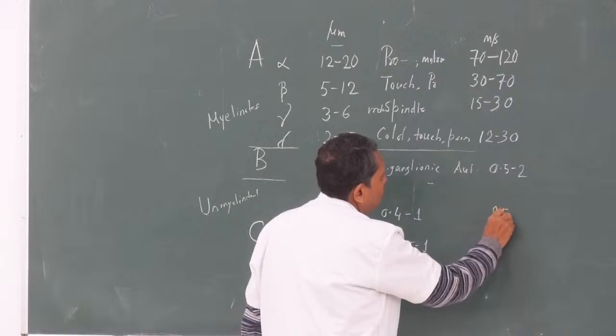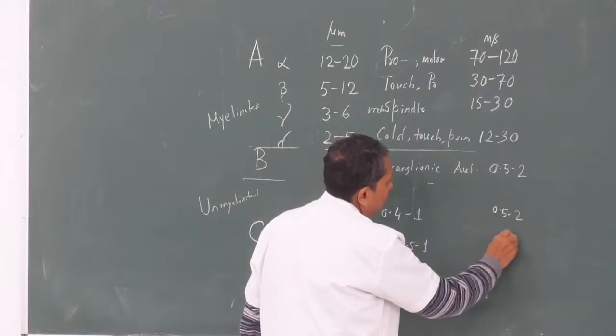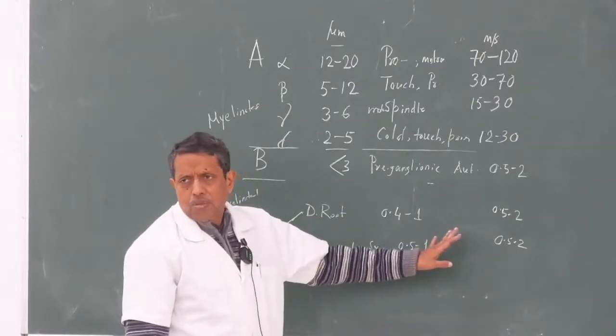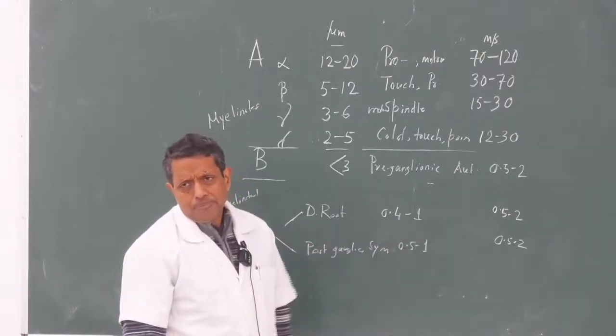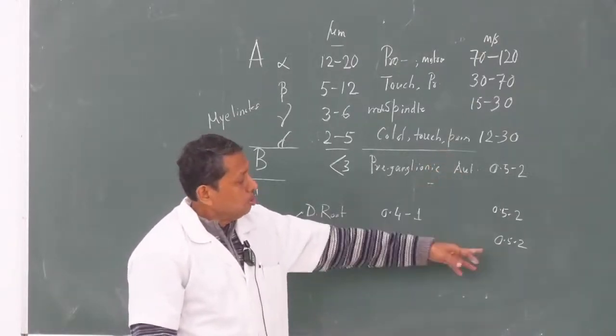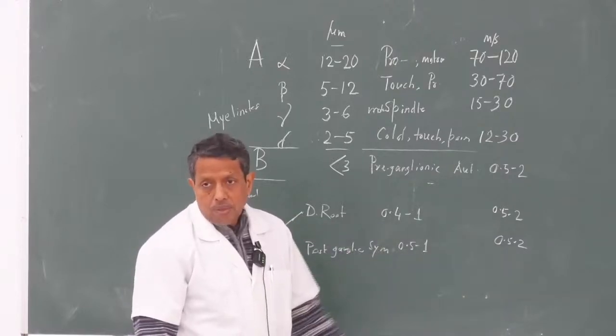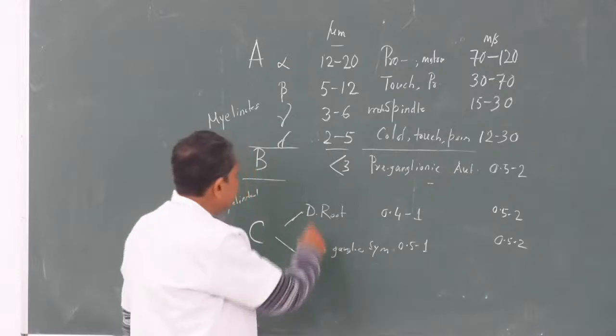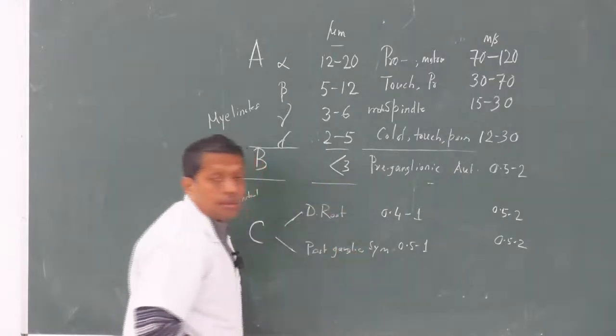Up to 2 meters per second. I am giving the average, but it is not exact. When you test, you will find some difference, but it is close by. And action potential duration is 1 millisecond or so. These are the unmyelinated.